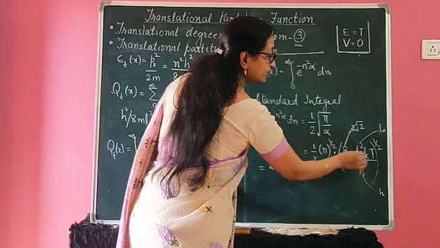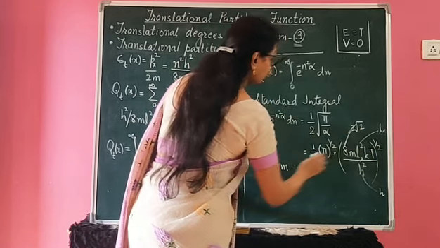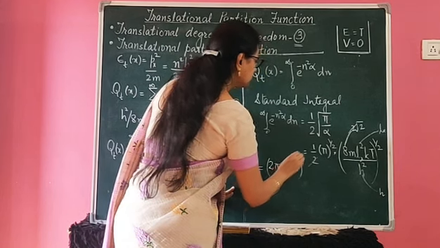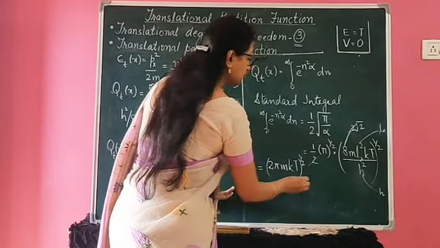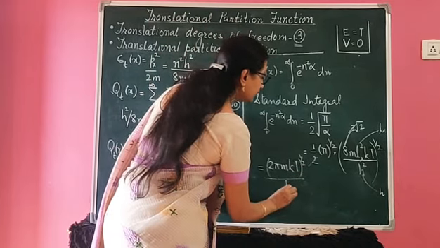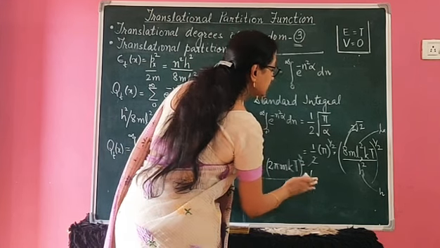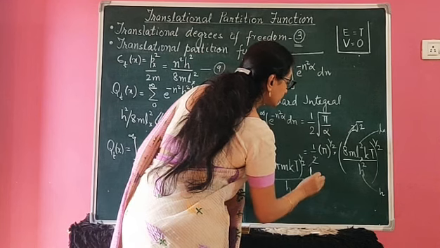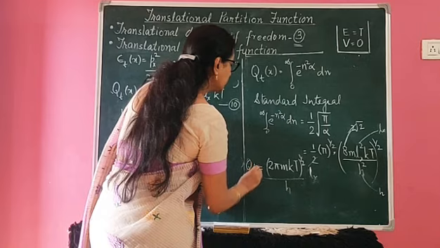Root of Lx square is Lx. We have kT here. These are all to the power half. And for h square we will have h, and here we will have Lx.